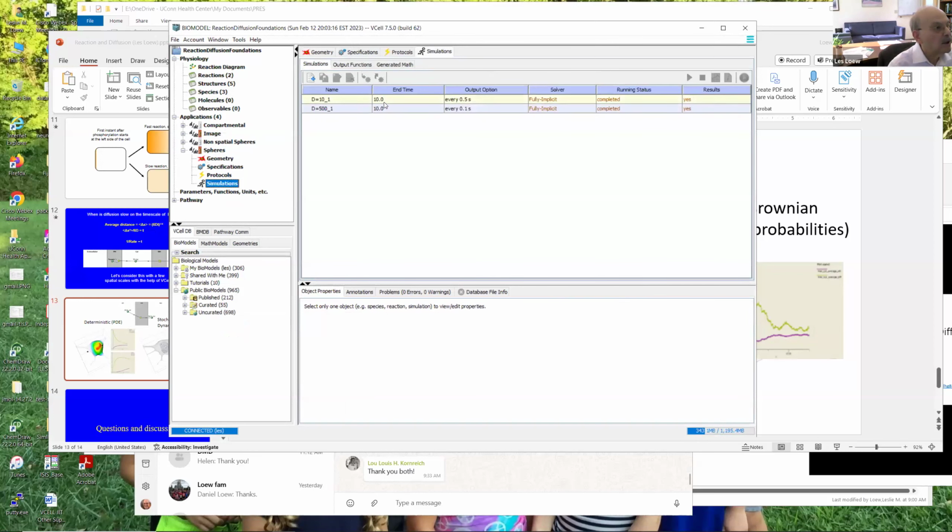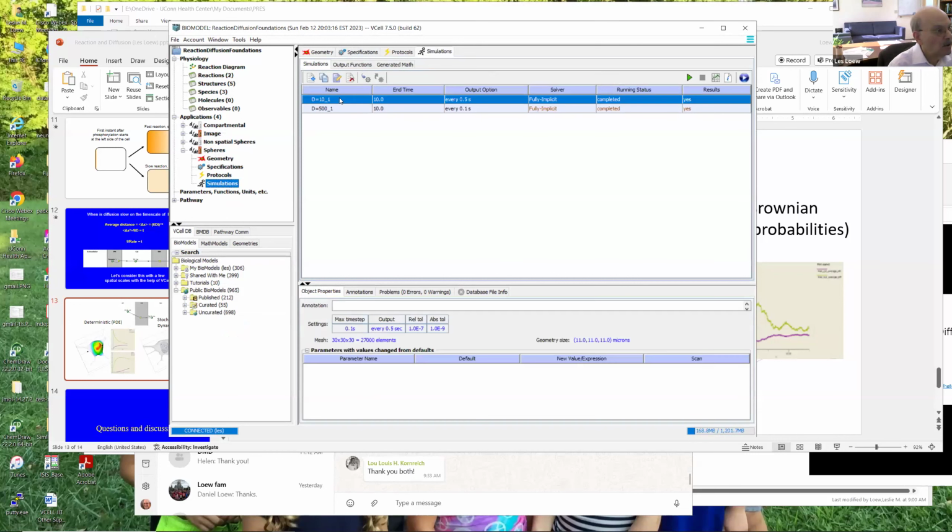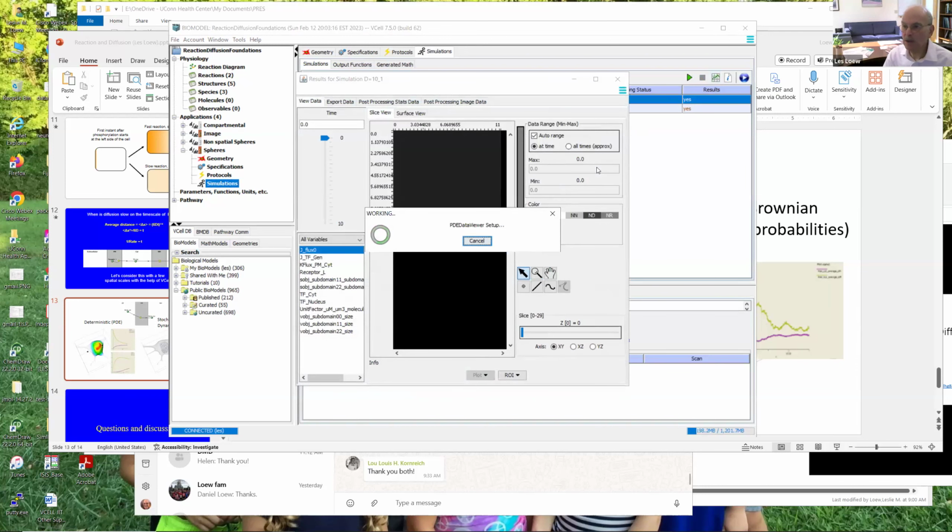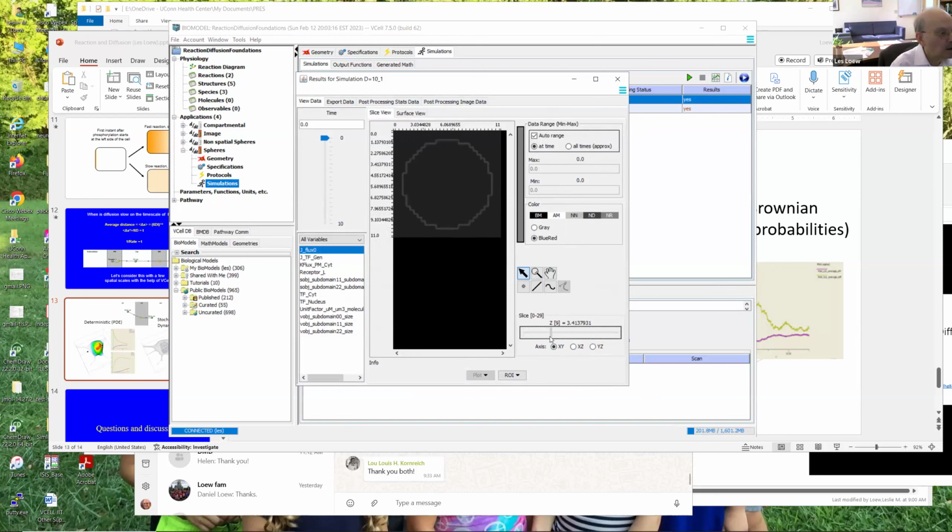And let's look at the simulations. So I have 2 simulations here, one with D, the diffusion coefficient, equal to 10. And we know that this system satisfies the first consideration, that is, it's a non-uniform system. The molecules are starting at the membrane. So let's go down to the middle of the sphere.